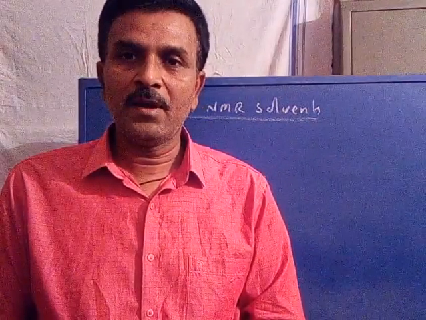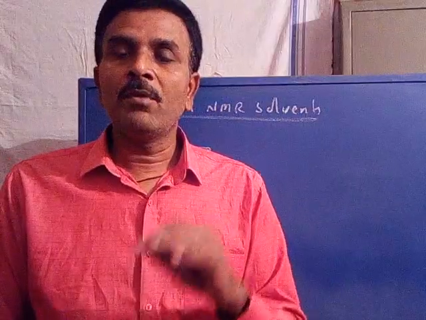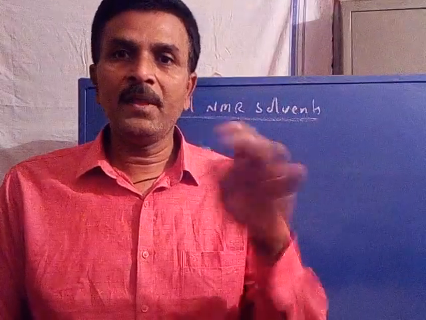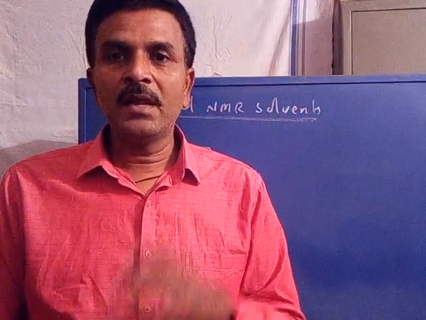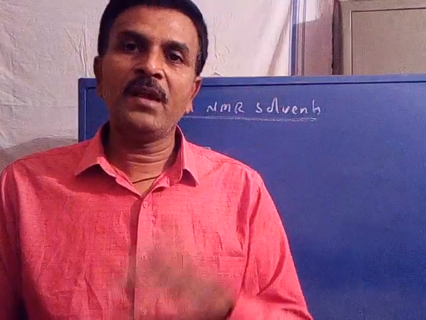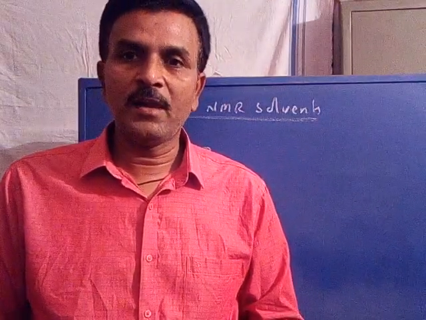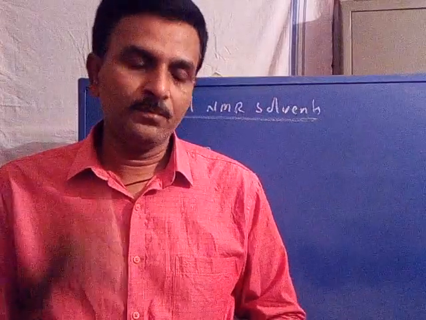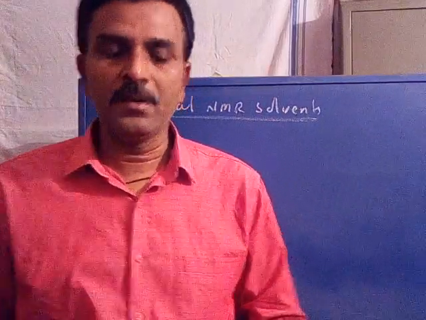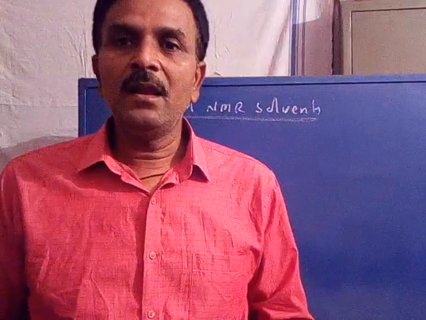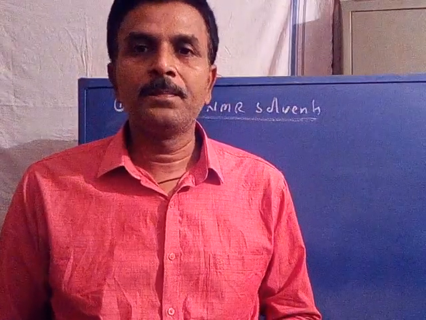Identical spectral property. For example, if a proton of R isomer appears at 3.0, the proton of S isomer also appears at 3.0. So this is the meaning of identical spectral properties. Is it clear? Now coming to discrimination using chiral NMR solvents.